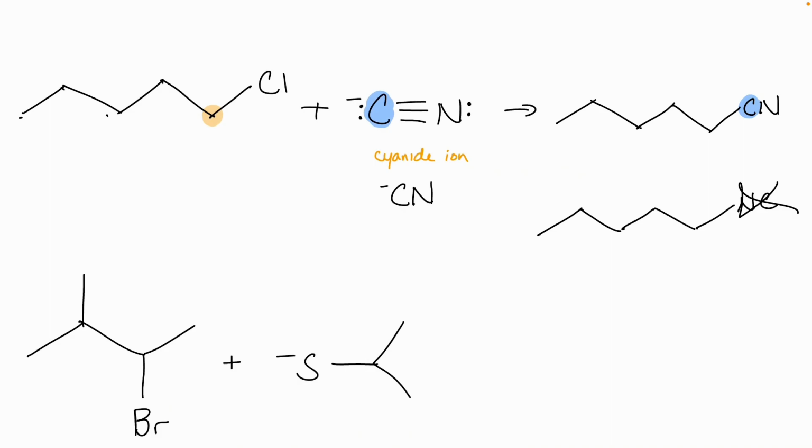It's the carbon that's attached to that electrophile, not the nitrogen. So again, this negatively charged atom is forming a new bond with what we call the electrophile, the carbon at the base of that halogen.